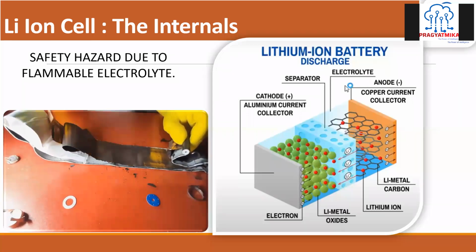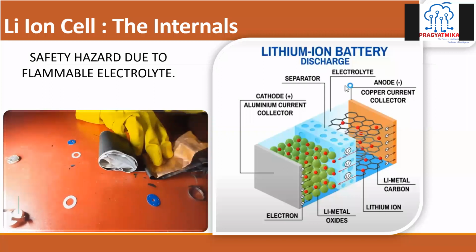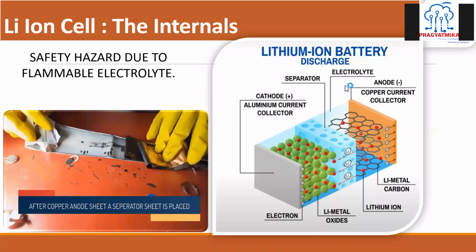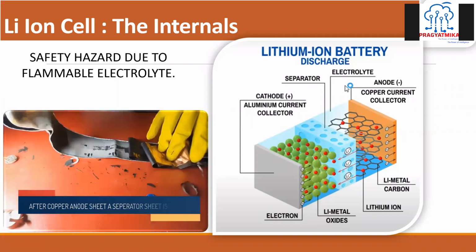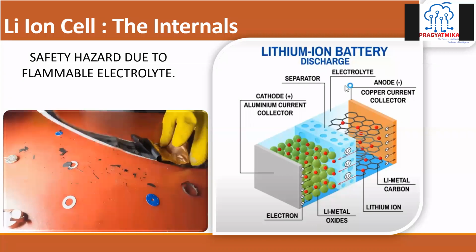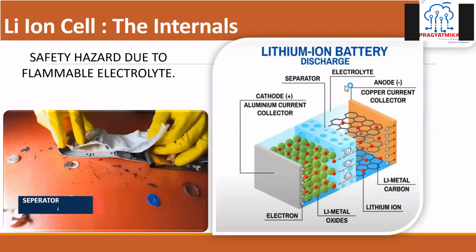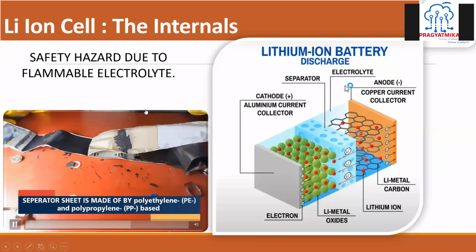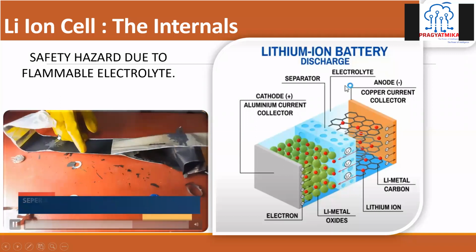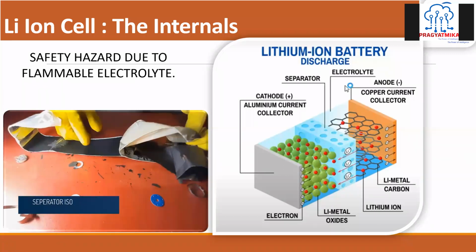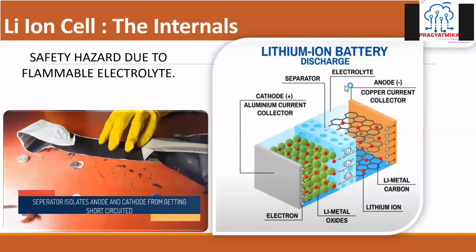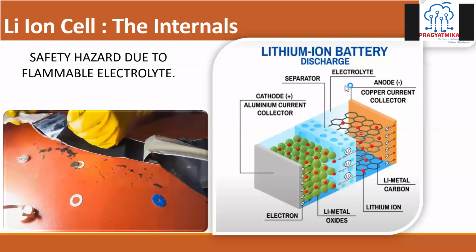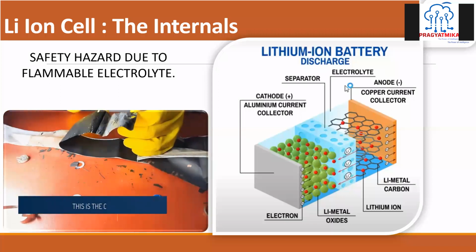This slurry is there. Now, in between, this separator material is there. And then we have this cathode material, polyethylene. The separator is used for isolation between the cathode and the anode.